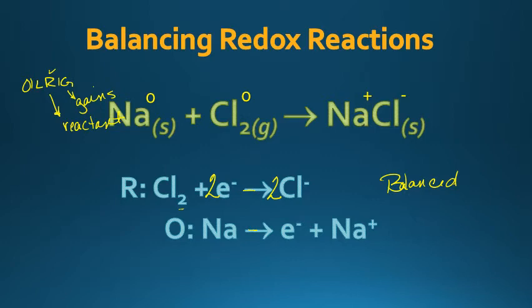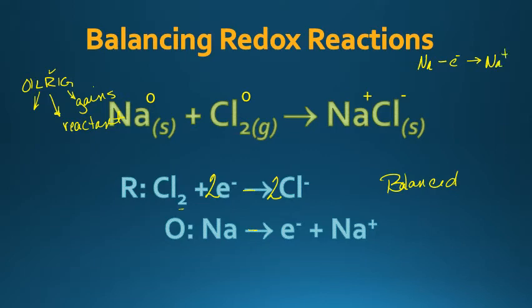Oxidized. One of the things that students really want to do is write oxidation by putting in a negative electron. Well, unfortunately, you can't do that. Even though it's losing an electron and you want to say, hey, sodium minus an electron, a lot of kids want to do it this way. Sodium minus an electron equals the sodium ion.